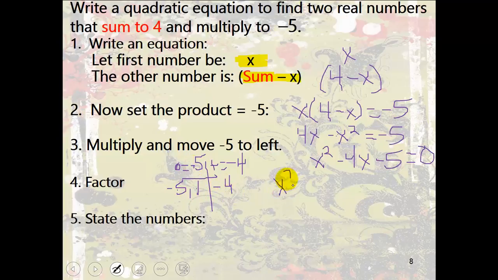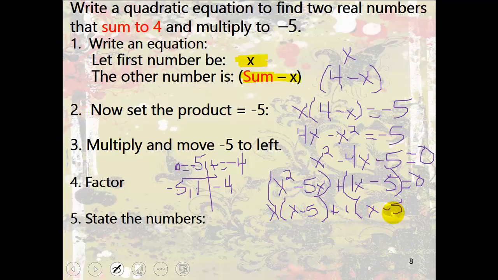So I get x squared minus 5x plus 1x minus 5. I'm going to group. So I get x times x minus 5 plus 1 times x minus 5. So I get x minus 5 and x plus 1. Now I solve each of those.